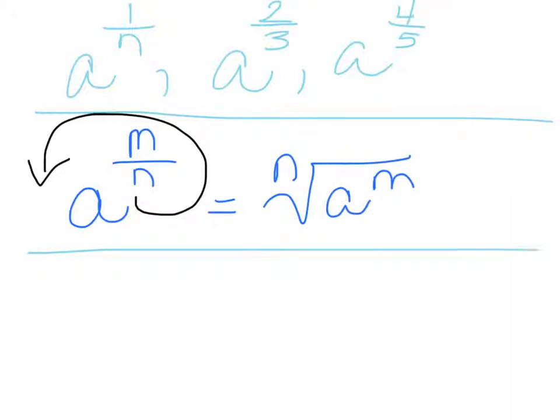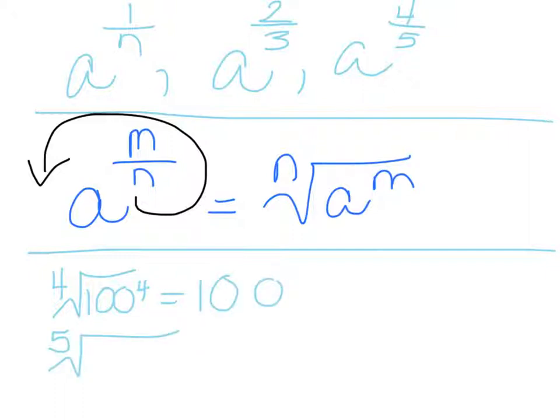I learned that it was possible to force that into some kind of really, really special situation, where if I take something like the fourth root of 100 to the fourth, that's going to be 100. Or I take the fifth root of 1,297,297.